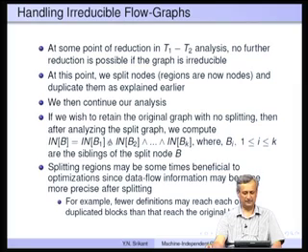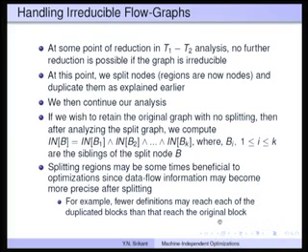Splitting regions sometimes may be beneficial to optimizations, since data flow information may become a little more precise after splitting. For example, fewer definitions may reach each of the duplicated blocks than that reach the original node. The reason is we do not have as many incoming edges to each node which has been split.